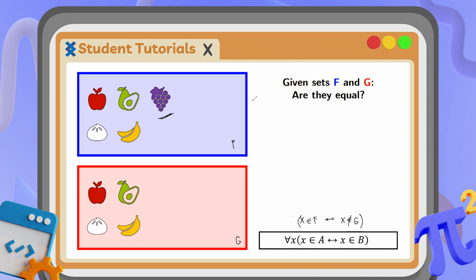And because you have a for all, remember, if you have a for all universal quantifier in your statement, then one false statement would make the entire thing false. So therefore, F is not equal to set G.